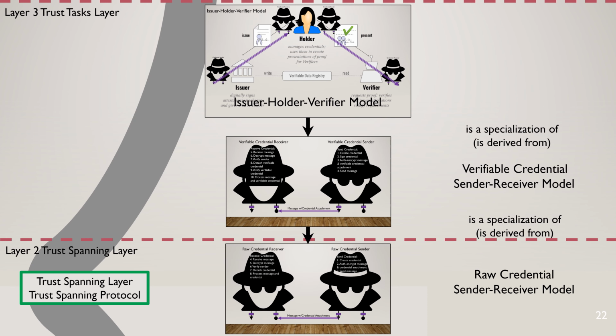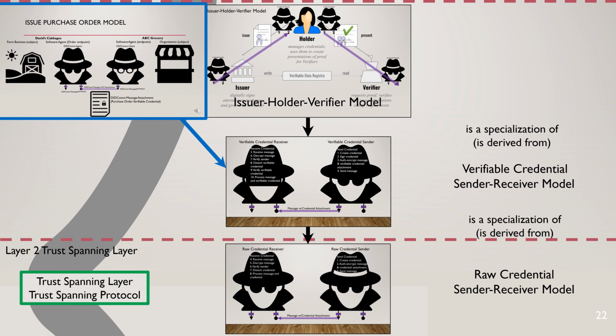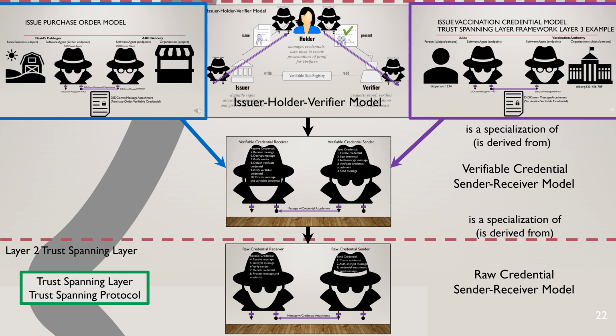So how do these fit in to our hierarchical taxonomy of credentials and credential sender receiver models? Well, the issue purchase order model is just a specialization of the verifiable credential receiver model, symbolized by the blue line on the left.